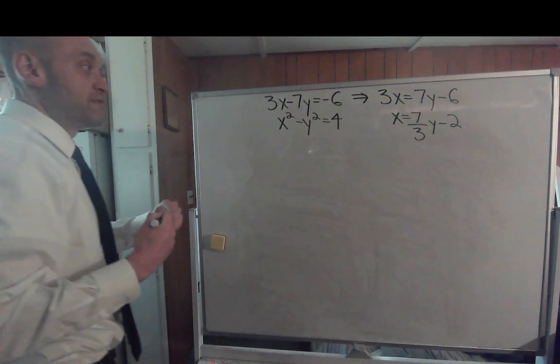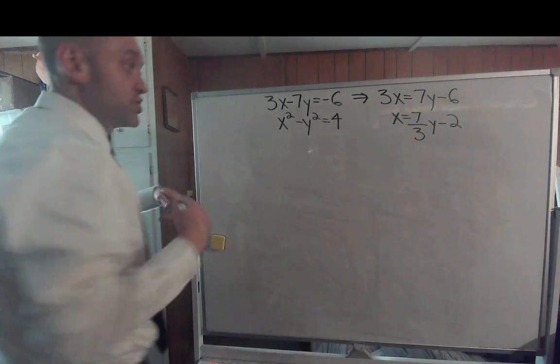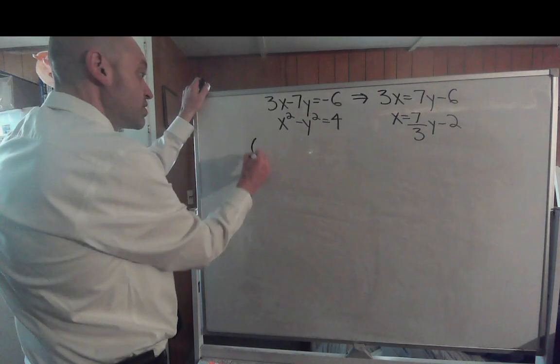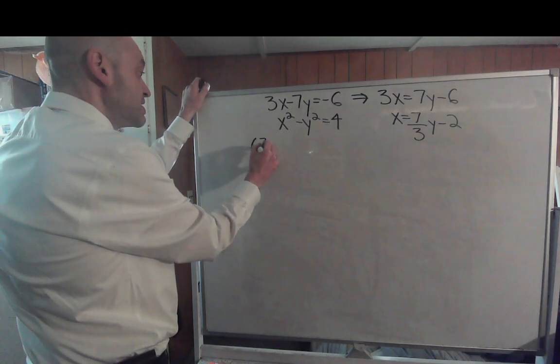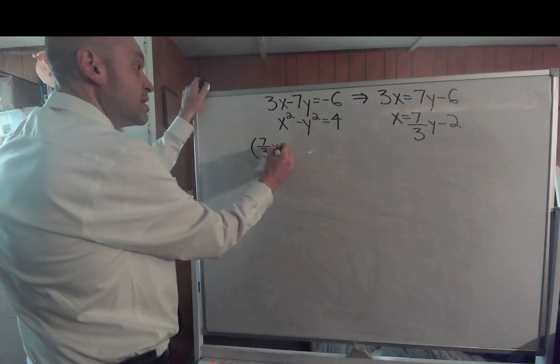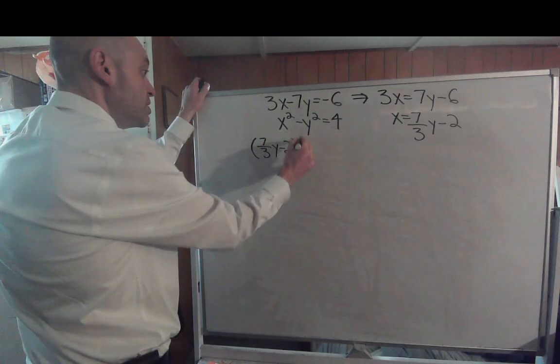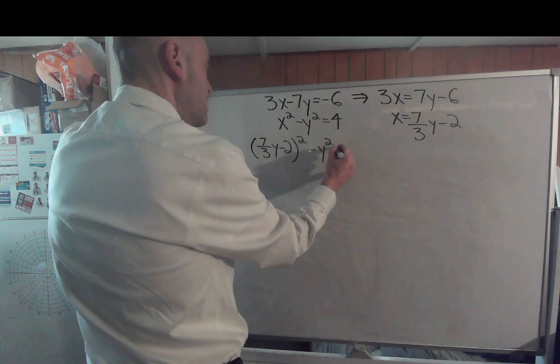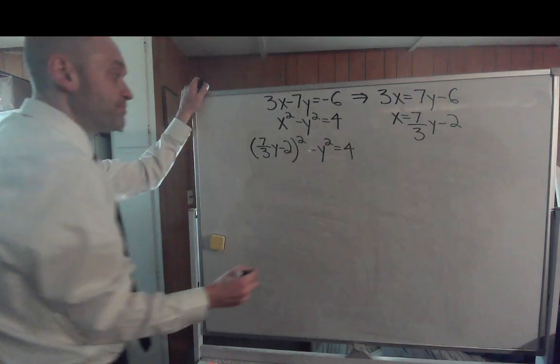Yeah, that's not going to be fun to substitute into the second equation, but we got to do it. So this is going to turn into 7/3 y minus 2 squared minus y squared is equal to 4.